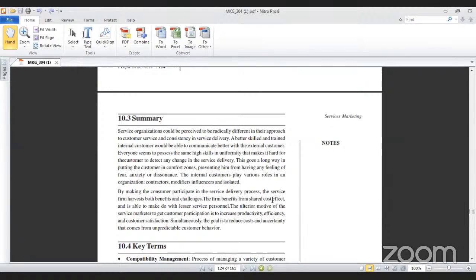The motive of service marketers to get customer participation is to increase productivity and customer satisfaction seamlessly. The goal is to reduce cost and uncertainty that comes from unpredictable customer behavior.